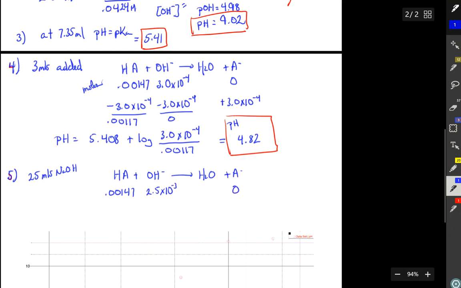So if we do this, now my acid is my limiting reactant, so I don't have any of this left. That's 0. I have minus 0.00147 of this now, and I had basically 0.00147 of this over here.